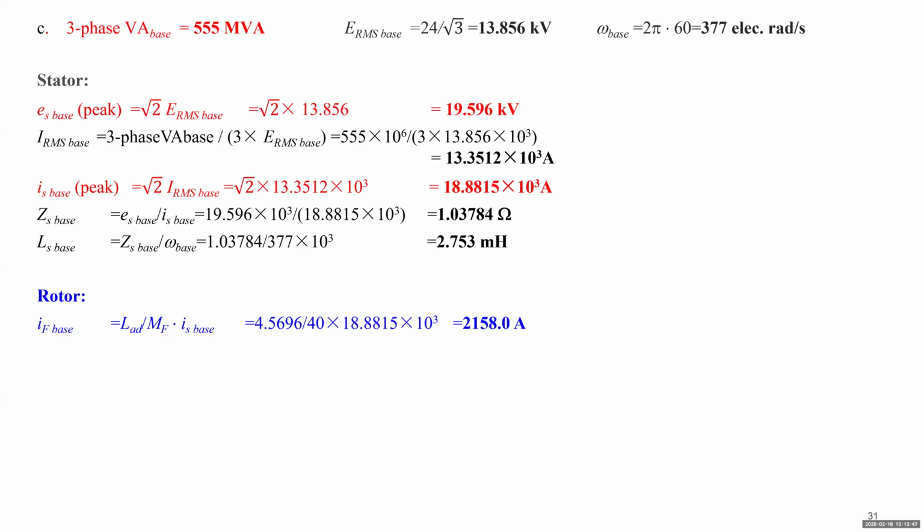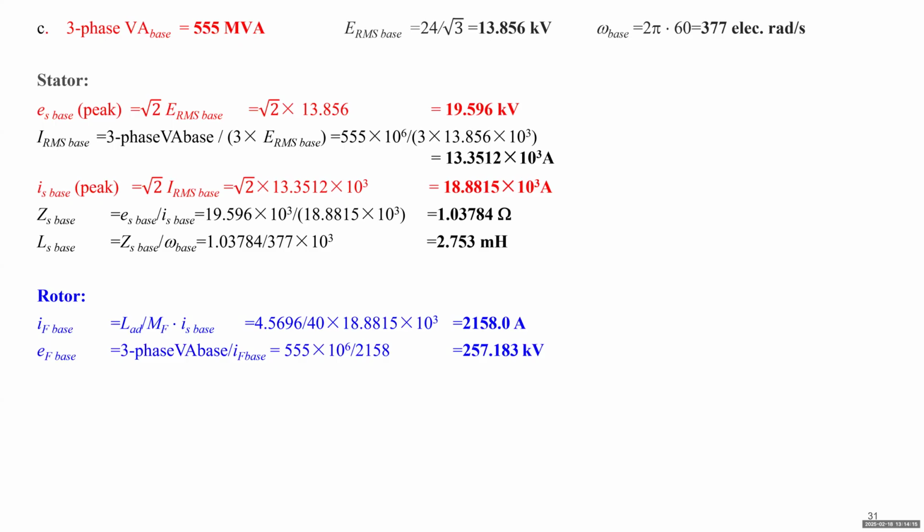We actually proved this equation in a previous lecture, right? If this equation holds and we use this current base, we can make sure first the power base of the stator and rotor have to be the same. Then we can make sure the mutual inductance will become LAD in per unit.